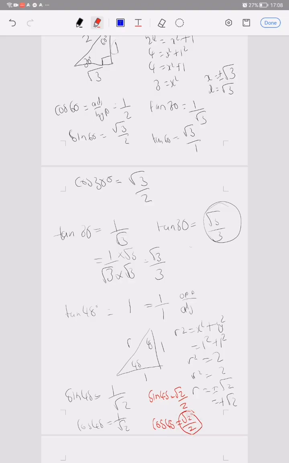By writing this, guys, you won't get any marks, because the question is saying without the use of a calculator. All right, I hope that makes sense to you. So we don't use a calculator then, right?